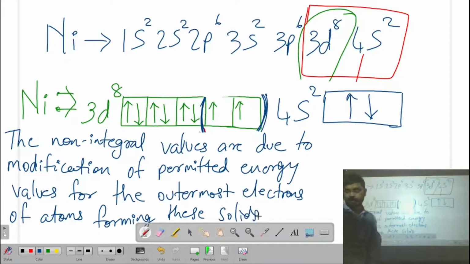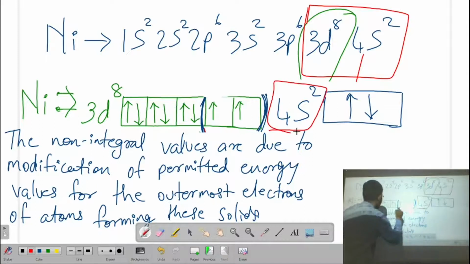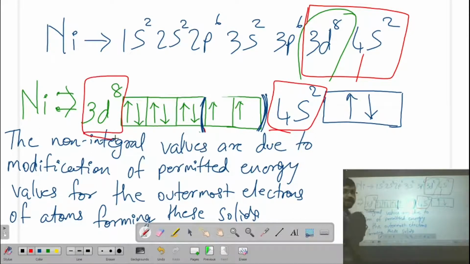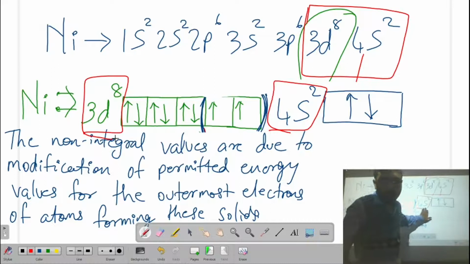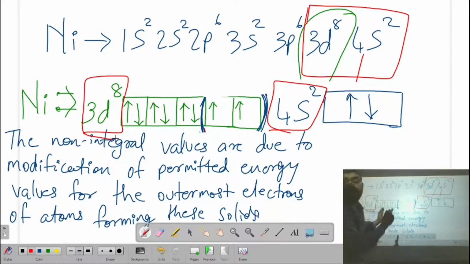Right, these non-integral values are due to the 4s orbital and the 3d orbital. Why? Because 4s is the outermost orbital and 3d is the inner orbital with respect to the 4s orbital.